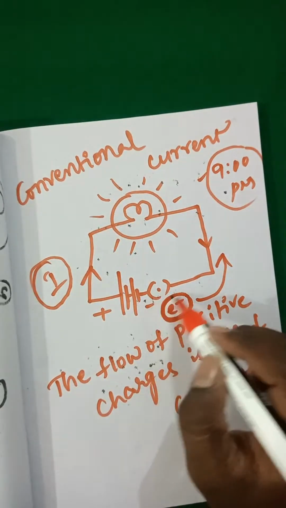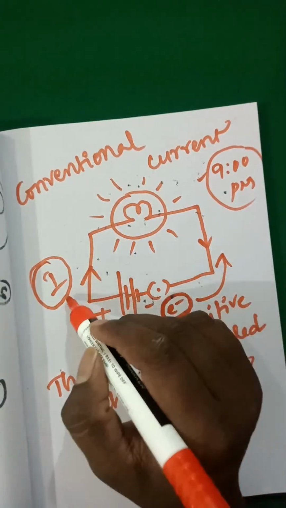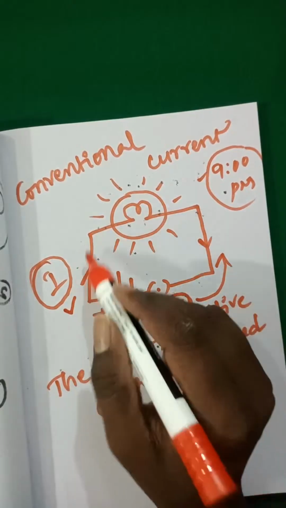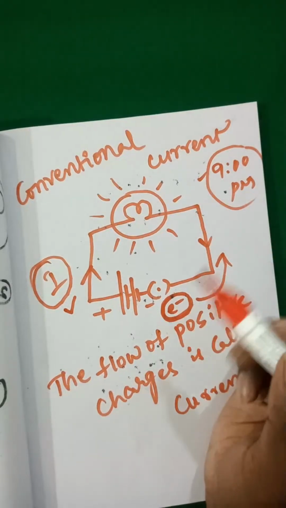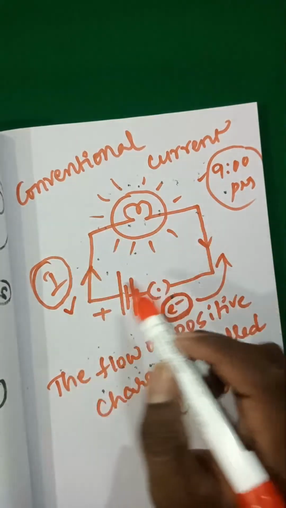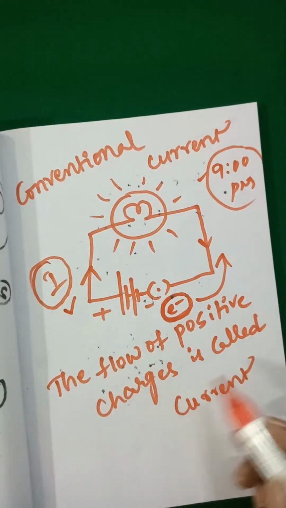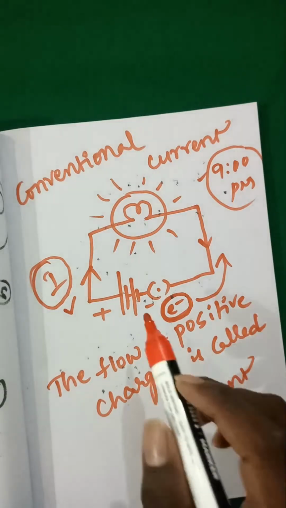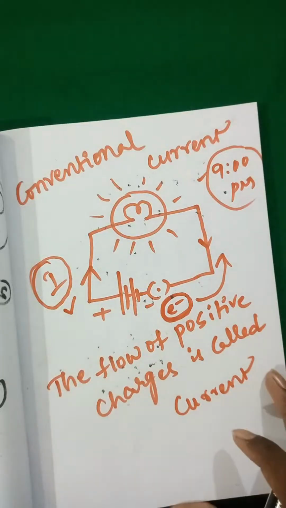Still, we are taking the direction of the current from the positive terminal to the negative terminal. Before finding the electron and proton, scientists gave the statement that the flow of positive charges is called electric current. But here, because of electrons only, current is passing in the circuit.